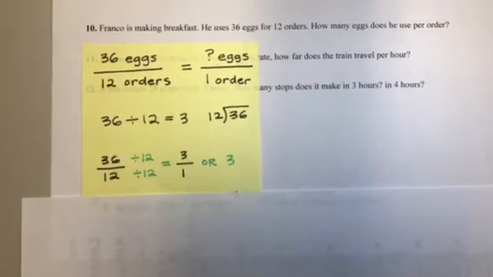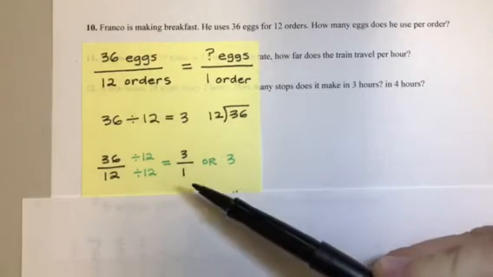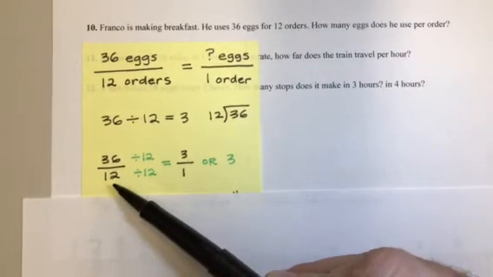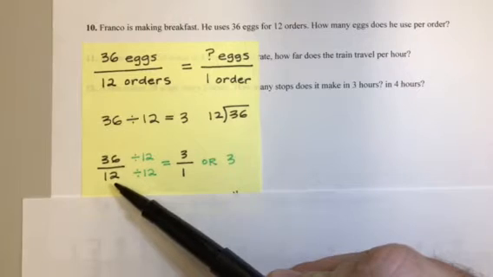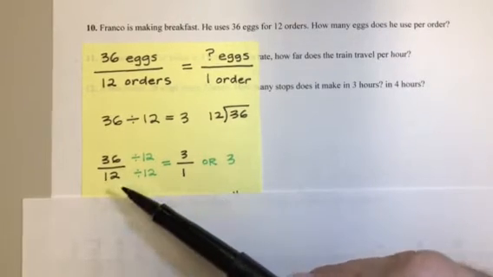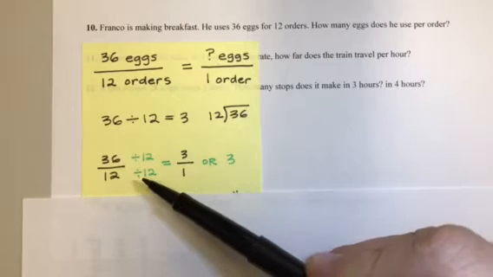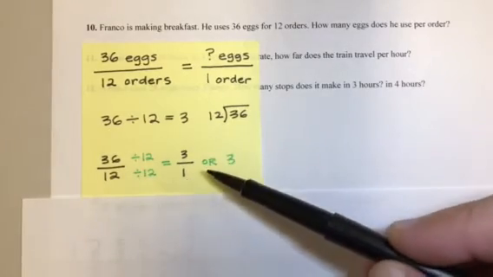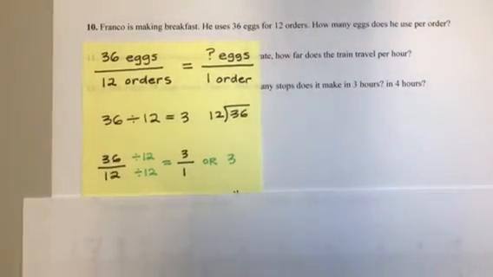If we want to have a unit rate in this case, where the denominator is equal to 1, then we know that we've got to divide by 12, because the only way to get 1 is to divide 12 by 12, and whatever we do to the denominator we also do to the numerator, so we divide it by 12 also, and we get to 3 over 1, or just 3.